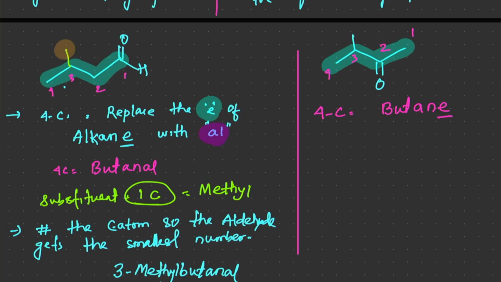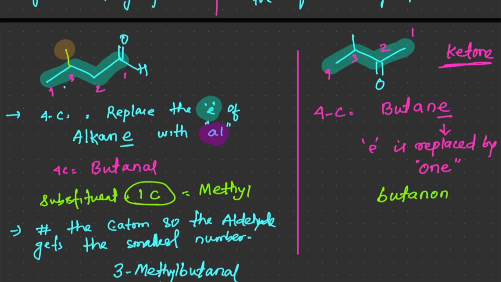Okay, so here this is a ketone. In a ketone, the E is replaced by one, so butane is going to be butanone. That's going to be your parent.